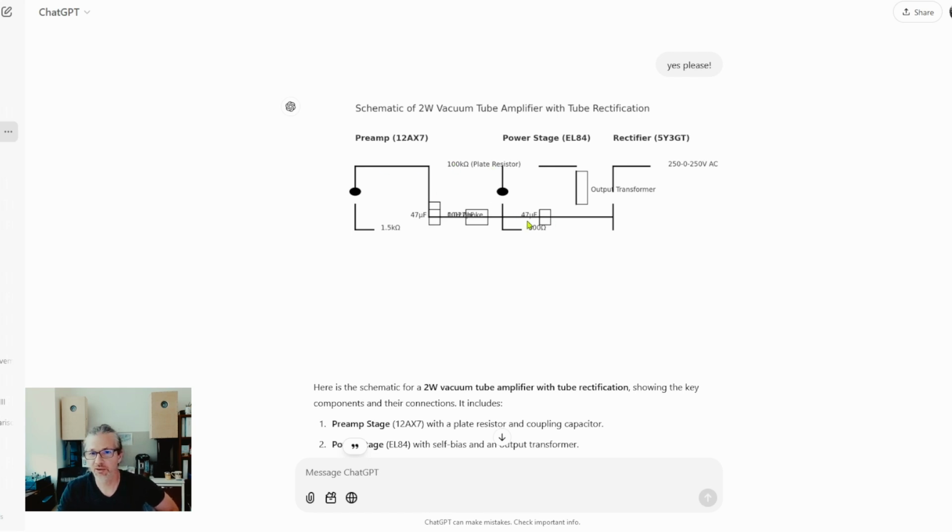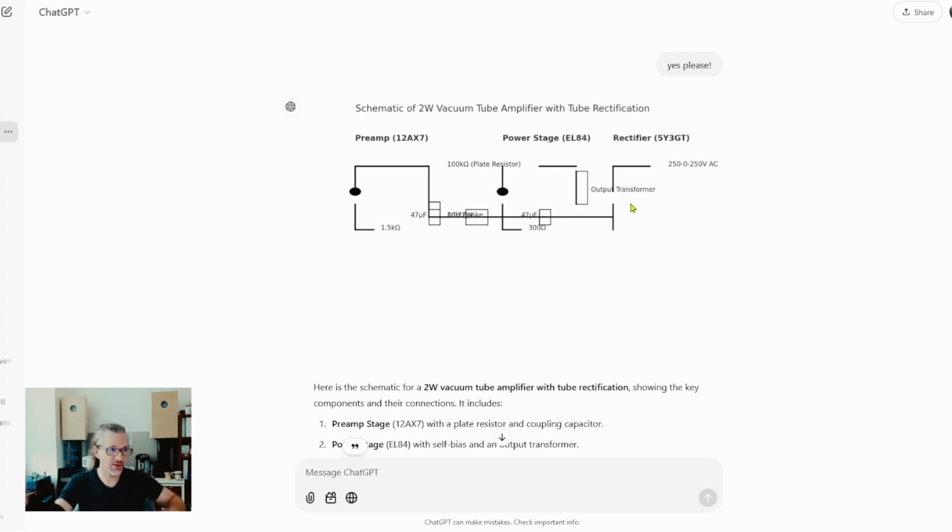And then there's the 47 microfarad, that's supposed to be the filter capacitor for the power supply, and it's kind of written where you should have the cathode bias resistor for the power tube, and there it mentions 300 ohms, so that's the cathode bias.